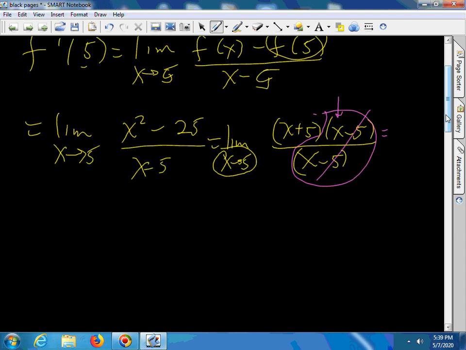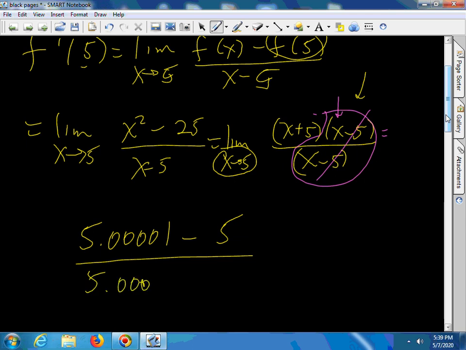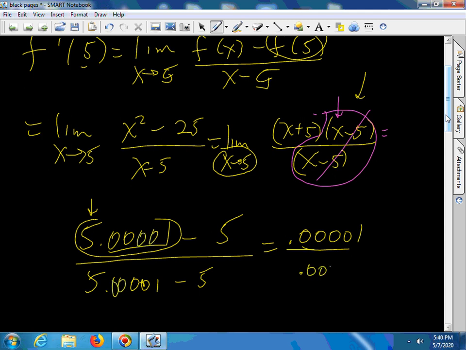Then maybe x will be 5.0001, close to 5. So I'm just going to copy down what's in purple. Minus 5 divided by x, which is really, really close to our 5, minus 5. So when you take away the 5, you just get the decimal, 0.0001, same exact thing for the denominator, and this is 1.